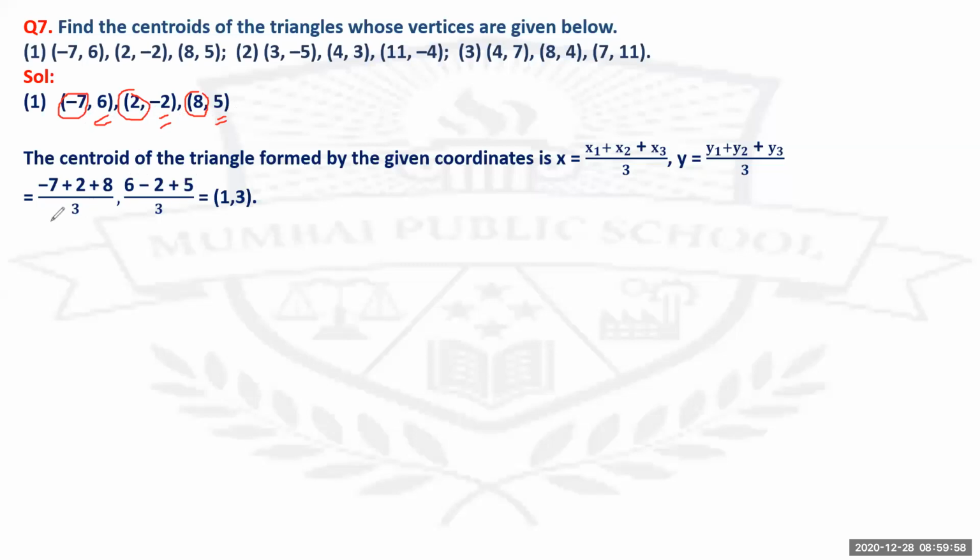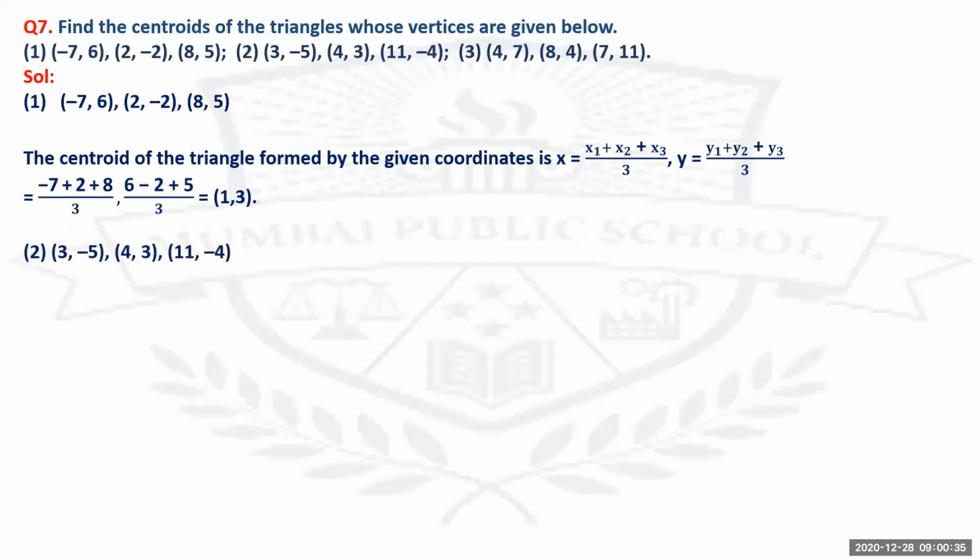So 9 upon 3 is 3. Understood? So the y coordinate will become 3. Is this clear to all the students? Therefore, the coordinates of the centroid are (1, 3).